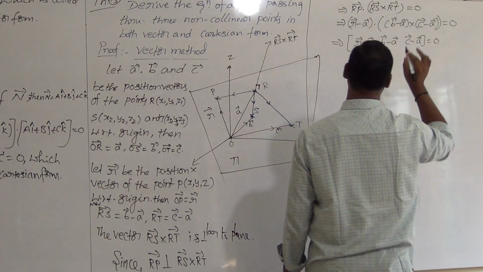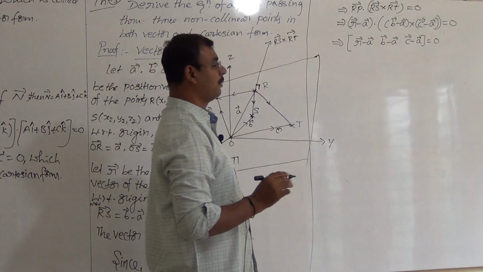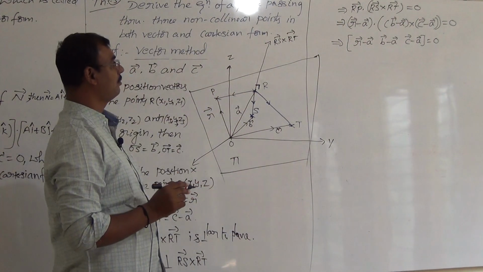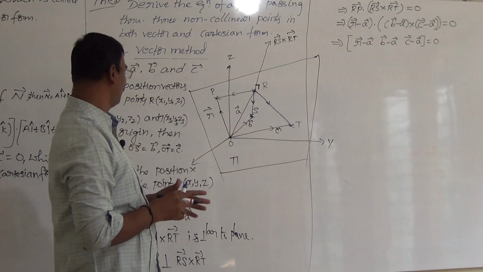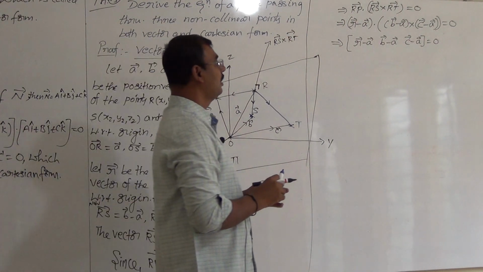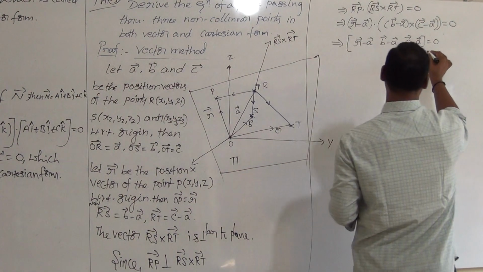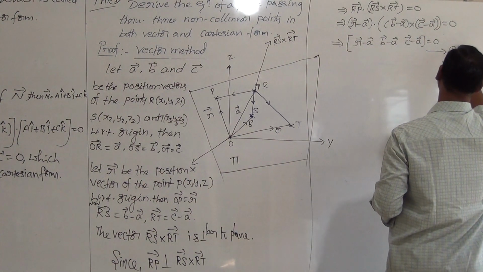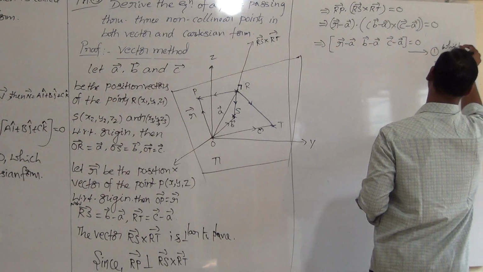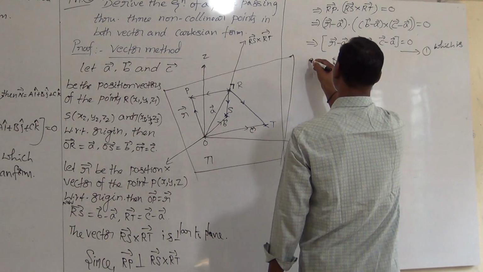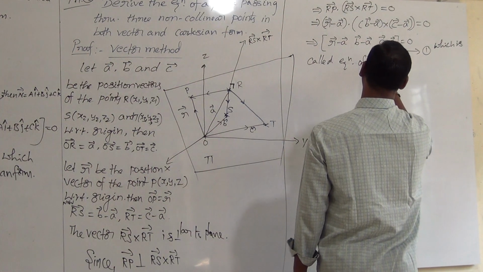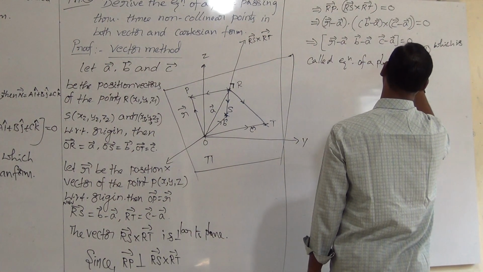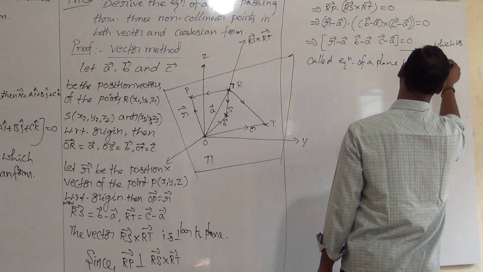We studied this in vectors also. Triple product of three vectors A bar, B bar, C bar is box ABC is equal to 0. This is called the equation of a plane in vector form.